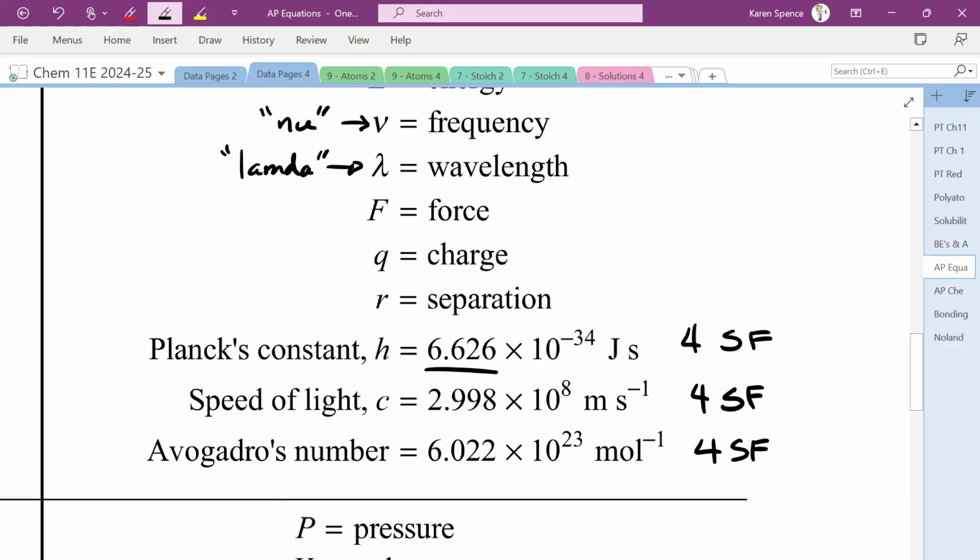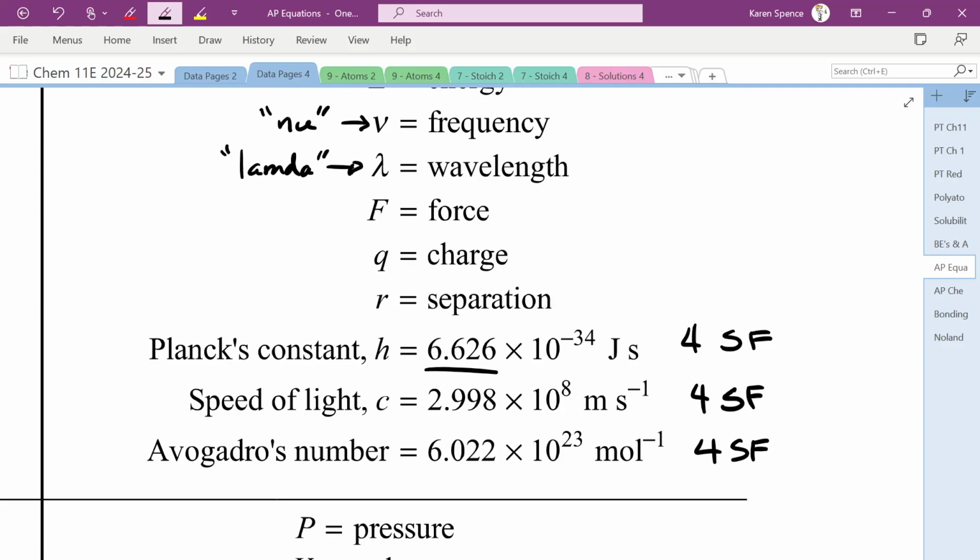Now, I don't give you 4 sig figs because I would have to rewrite all the mole unit and the solutions unit and the stoich unit and change all my answer keys from chemistry 11, which uses 6.02 times 10 to the 23, to chem 11 enriched, which technically we should be using 6.022 times 10 to the 23.